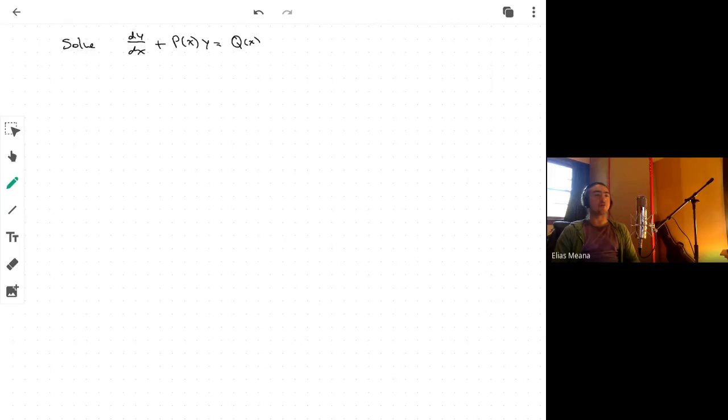And so what our strategy is going to be is to try and force this to be in a form where the left-hand side is product rule, right? Let's try and force the left-hand side to look like product rule.